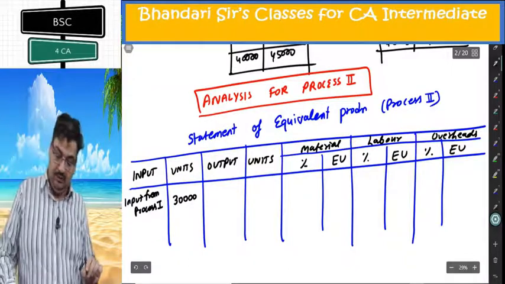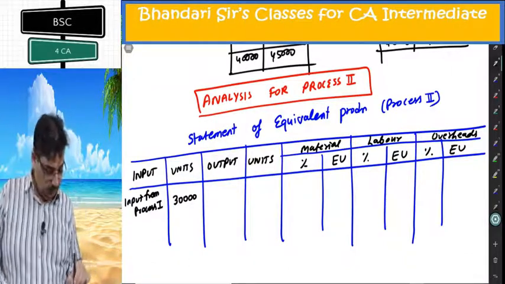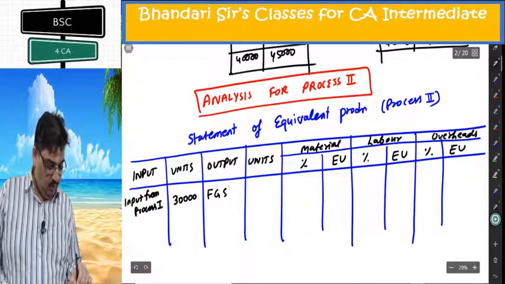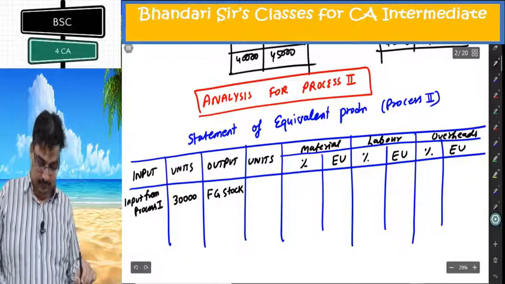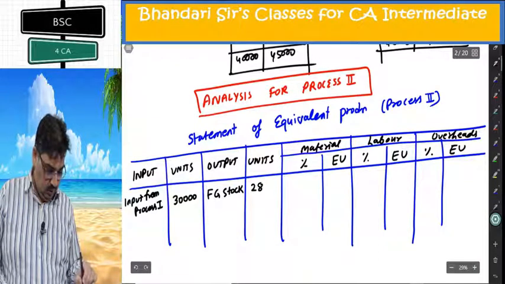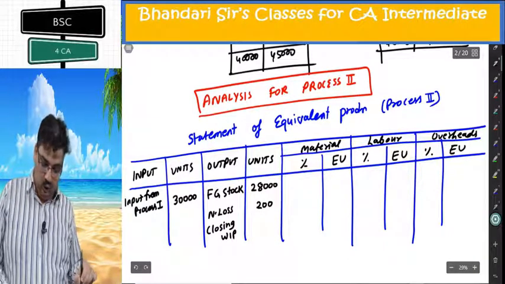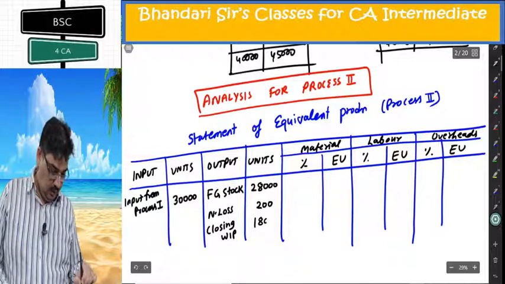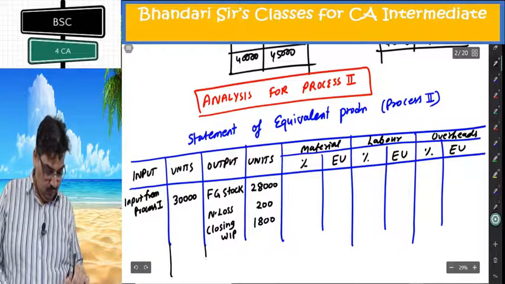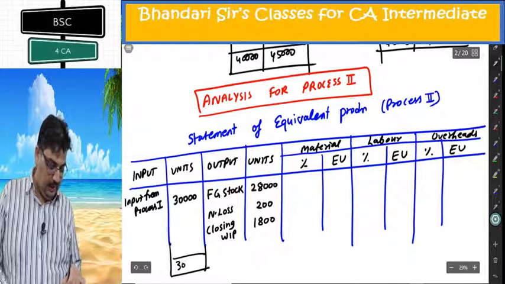30,000 units were transferred from there. Finished goods stock 28,000, normal loss 200, closing WIP 1,800. So the units column is still tallied at 30,000.